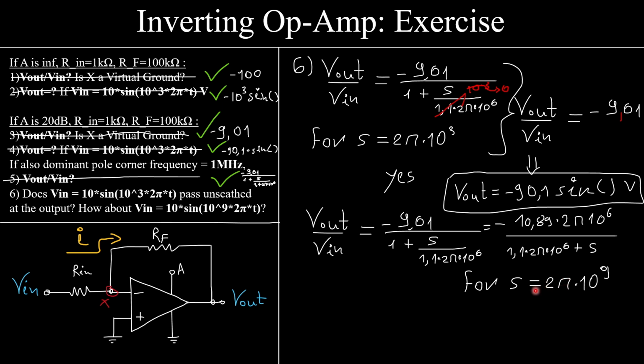Well, if the frequency is 10 to the power of 9, now this term is much higher than this term over here. That means that this term overwhelms this term. So that means that I can comfortably say that this thing is 0 in relation to this always.